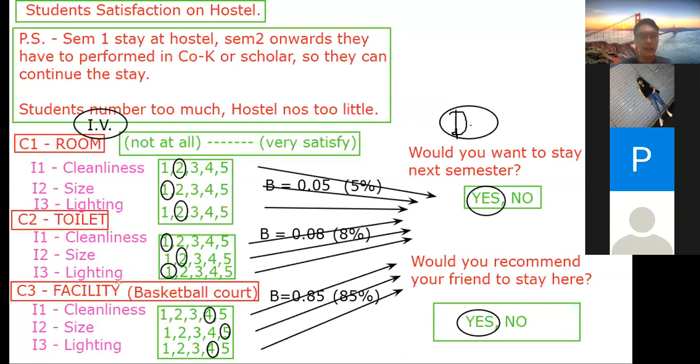If I list items from the most satisfied to the least satisfied, the objective is to identify which factors contribute to your satisfaction. To do these correlations, I want to study whether they want to stay or not. So our objective can be like this.